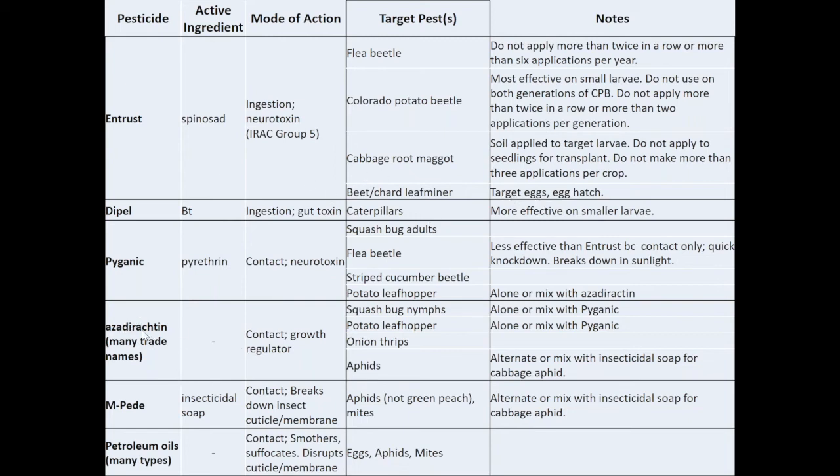In some cases we've recommended that here, like mixing Pyganic and Azadirachtin, but Ruth had studied a bunch of different materials for flea beetles and found that mixing Entrust and Pyganic can improve the efficacy. With flea beetles in brassicas, sometimes the numbers are so high that the Pyganic can help wipe out a certain number, and then it's like asking less of the Entrust. So they help each other out in that way.